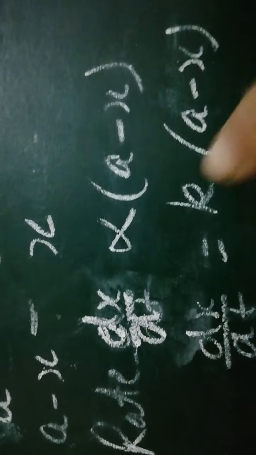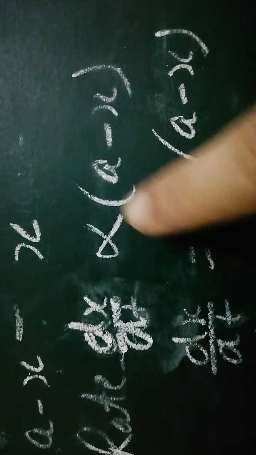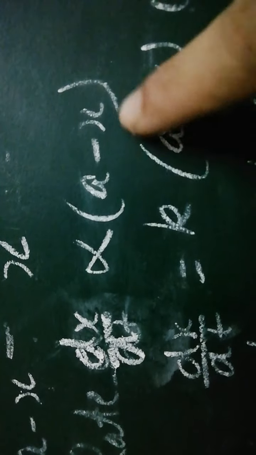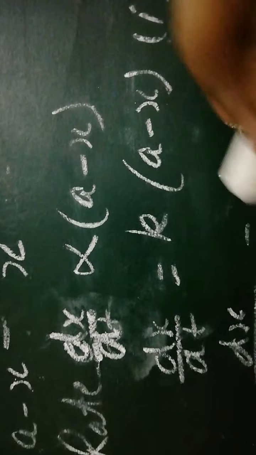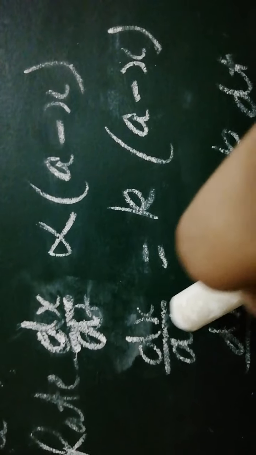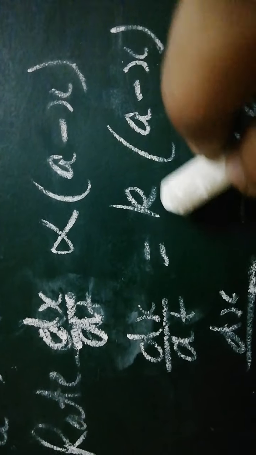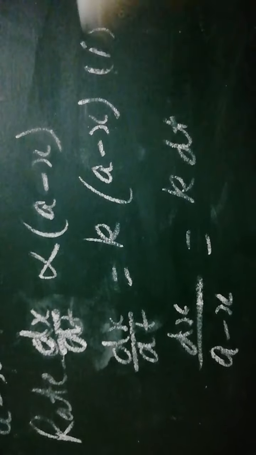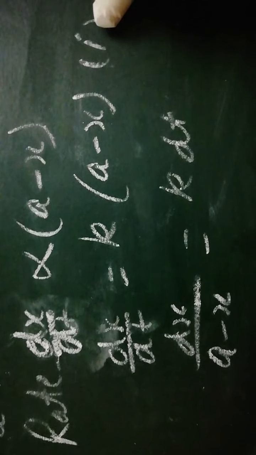Here the concentration of reactant is A minus X. So dx upon dt is directly proportional to A minus X. Removing the proportionality sign, we put the rate constant, and the equation we get is dx upon dt is equal to k into A minus X. This is your equation number 1.